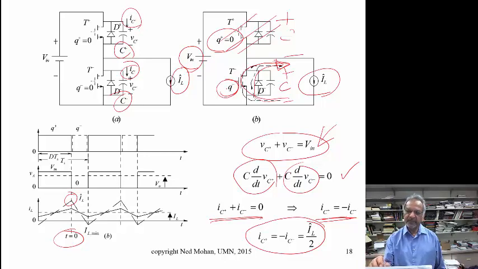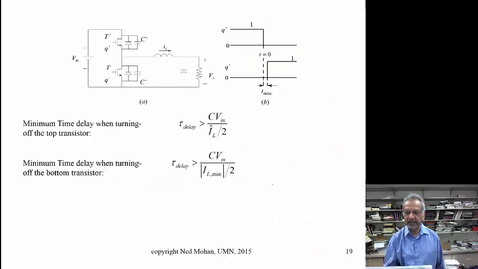But we also have to make sure that the same thing happens when we turn off the bottom transistor and turn on the upper transistor. That happens at this instant of time when the current is negative through this inductor and has some value IL min here. So we have to make sure that you have enough delay time to make these voltage transitions across these two capacitors happen.